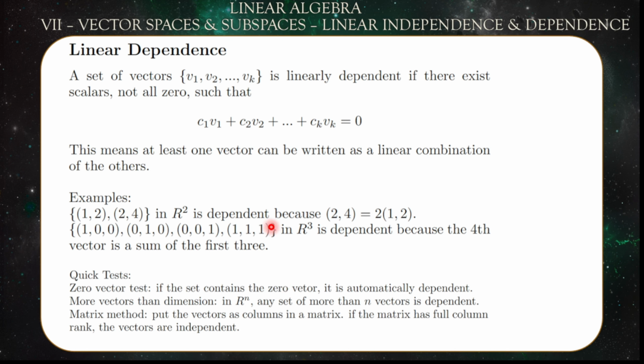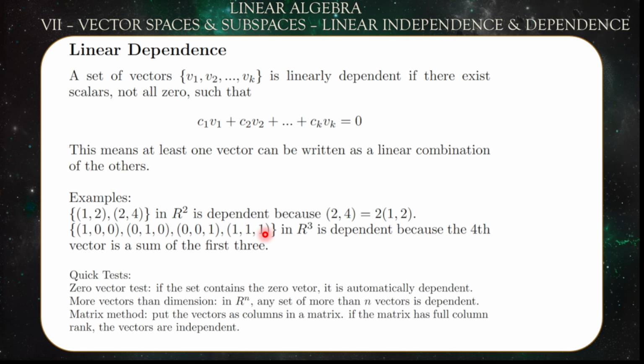So again, if we have a 0 vector, it means that the set is dependent. If you have a larger number of vectors than the dimension, so here the dimension is 3, we should have only 3 vectors. Automatically, if you have 4 vectors, with (1, 1, 1) being the fourth, then the set is dependent.